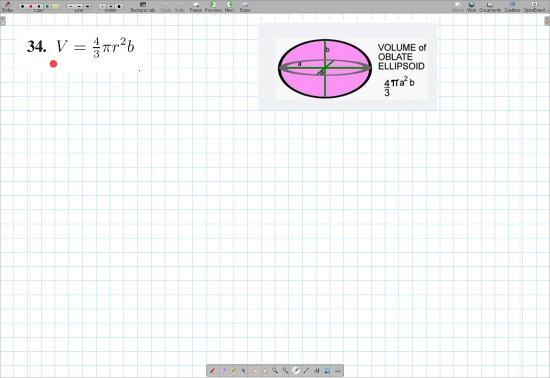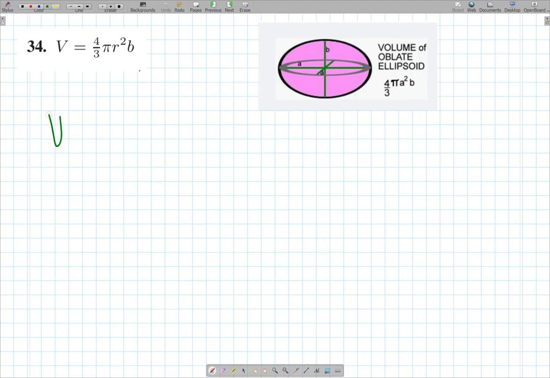So, we will derive V with respect to r. That is dV over dr. Okay, dV over dr. Right? So, ilan ba yung constant dito? Ilan ang constant? Ito ang constant, no? Okay, ito ang constant. I-arrange ko muna para hindi malito.